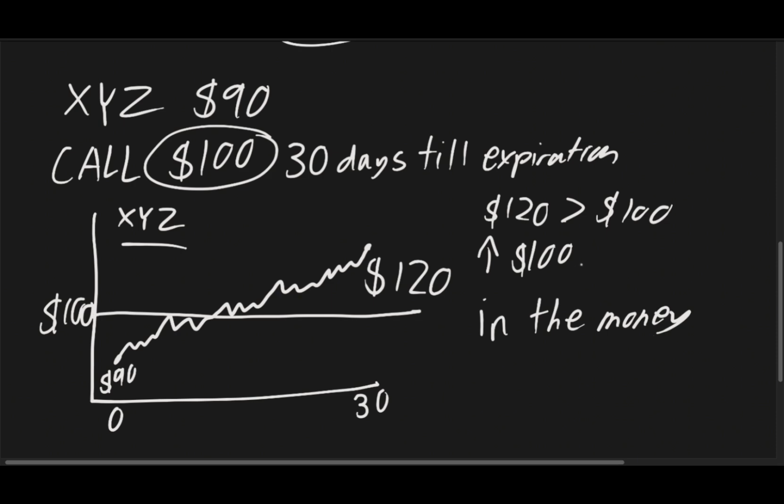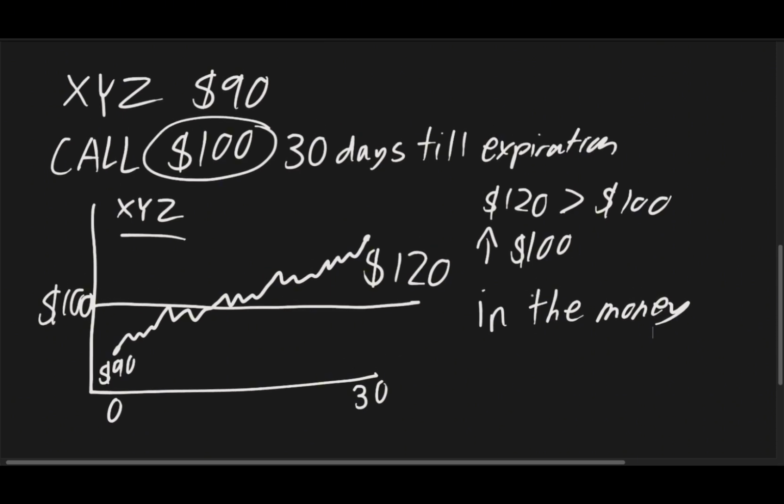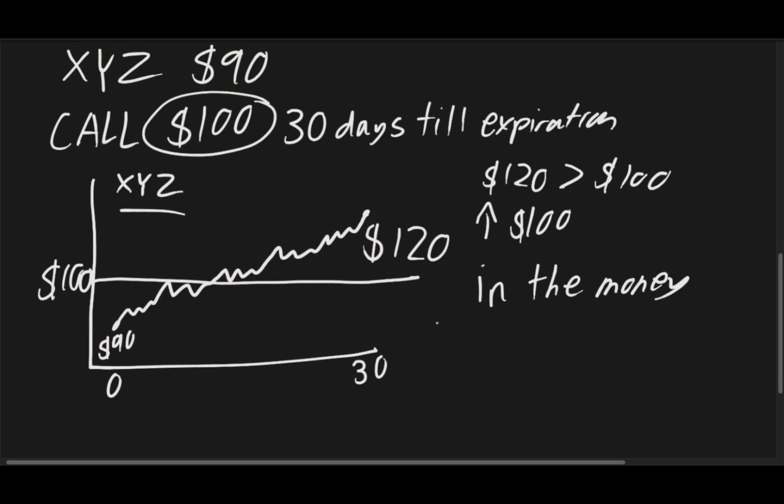But it actually depends, because if you buy a call option, there must also be a seller selling you that call option. When you buy a call option, an option controls 100 shares of the underlying asset.